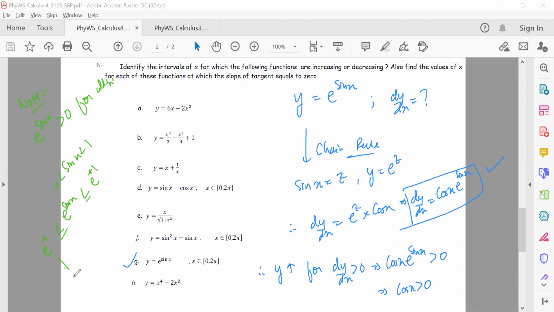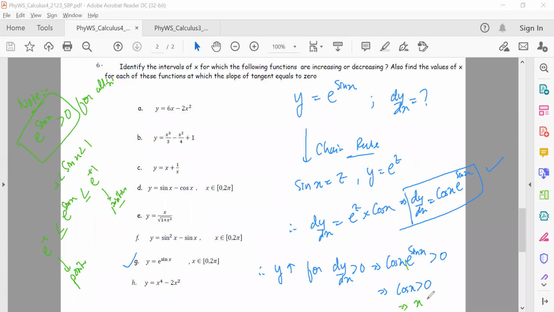So this is also a positive number only. So e raised power sin x is always positive. So whatever value of x I take, this factor is always positive. So for the product of cos x into this factor to be positive, cos x has to be positive.